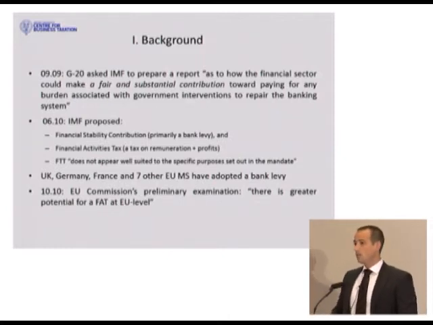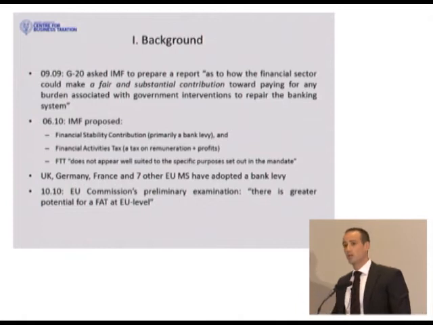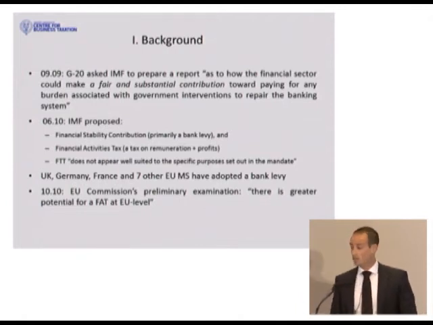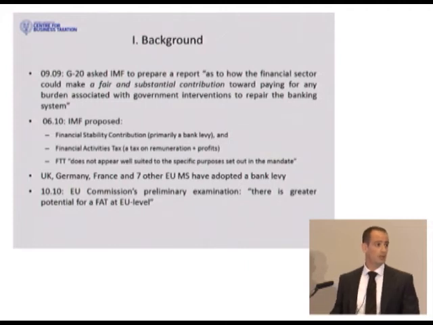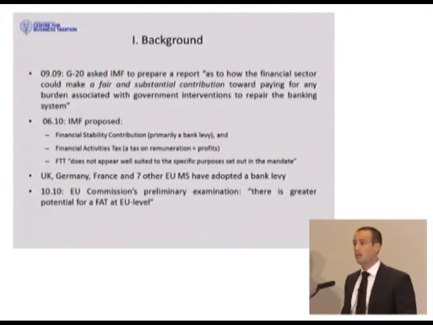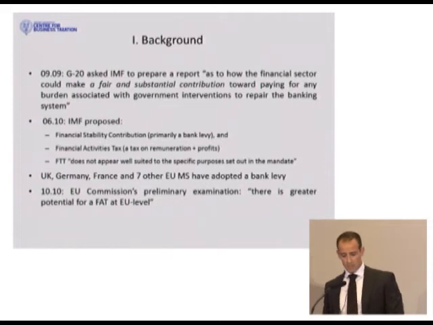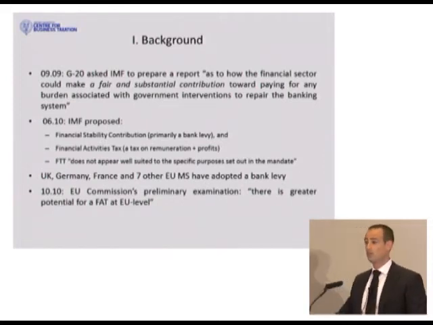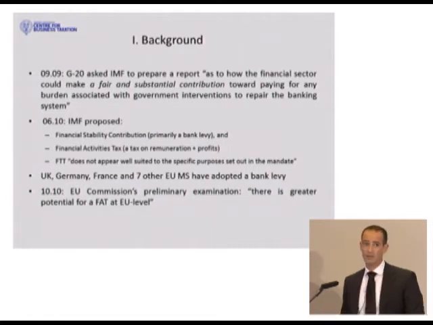At the first stage, the Commission undertook a quick preliminary examination, and on the basis of this preliminary examination, it concluded in October of 2010 that there appears to be greater potential for the FAT at an EU level. So at the first stage, the Commission came down in favor of the FAT.